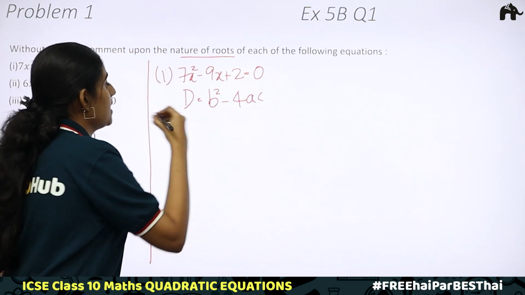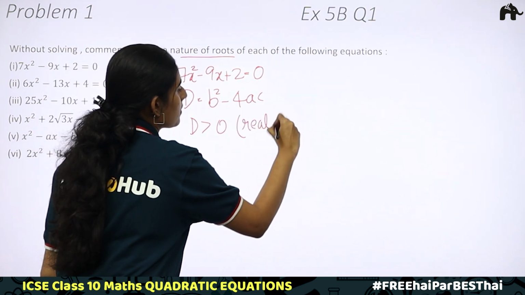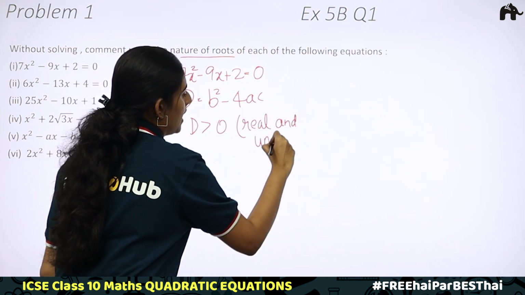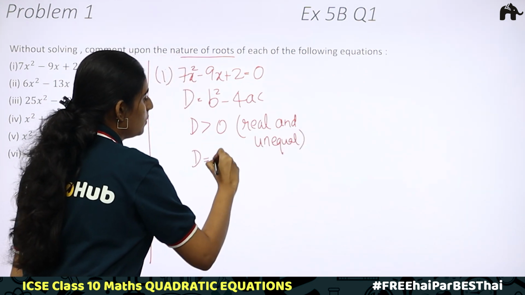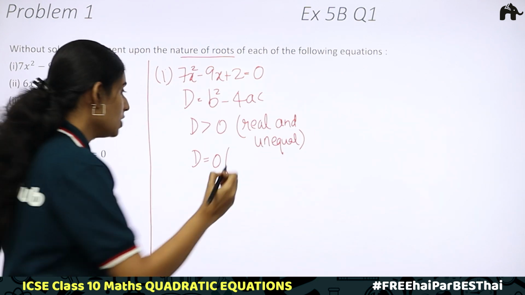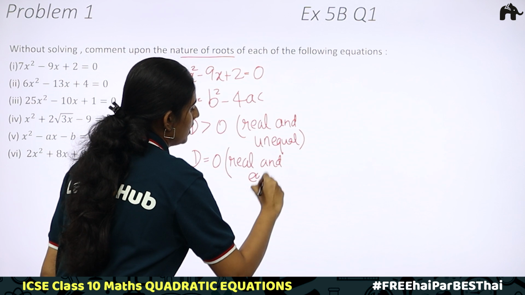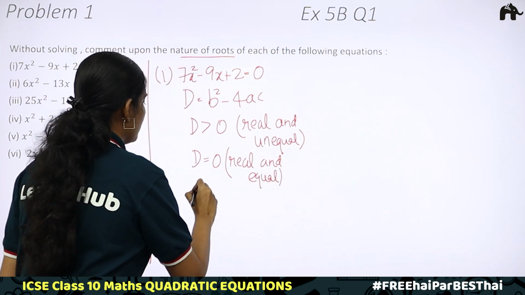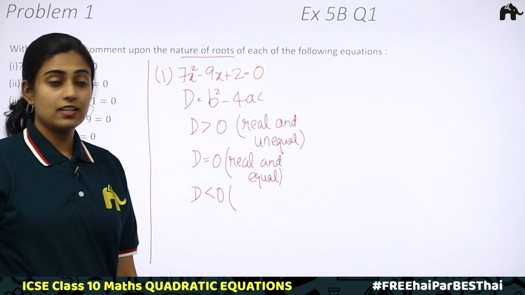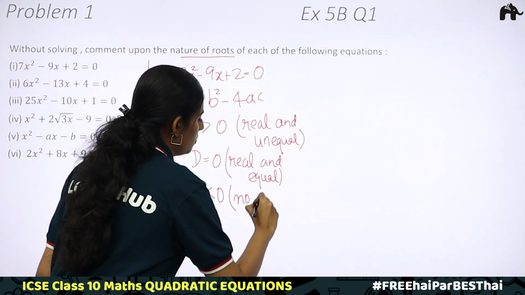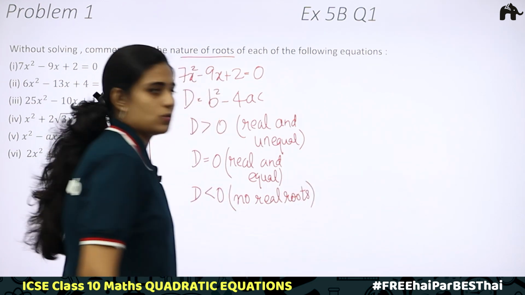When discriminant is greater than 0, you will be getting real and unequal roots. Then when discriminant is equal to 0, real and equal roots. Then when discriminant is less than 0, no real roots, or we'll be having imaginary roots.